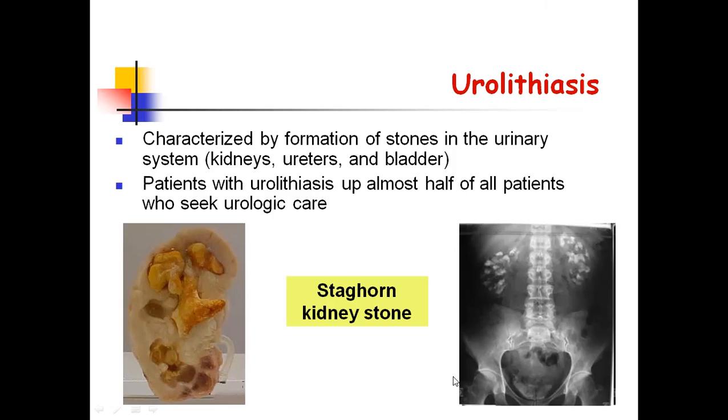Here is an example of a so-called Stockholm kidney stone in a morphological sample and on plain X-ray film. So we see from both sides a huge amount of calcification in both kidneys.